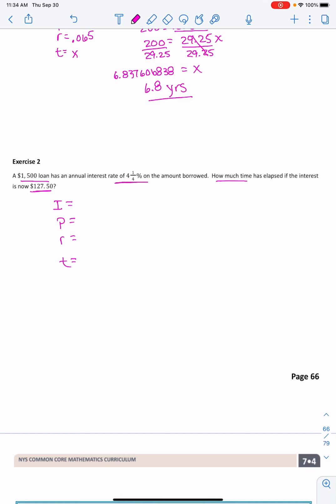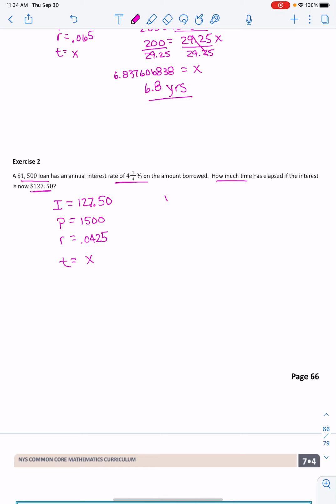Our interest is $127.50. Our principal is $1,500. Our rate is 0.0425, and we need to know the time.